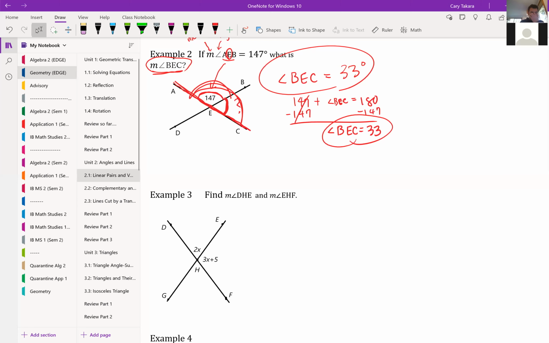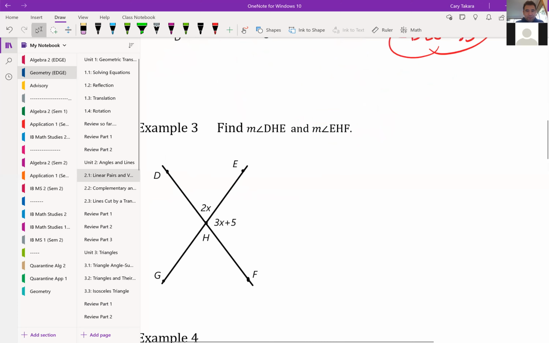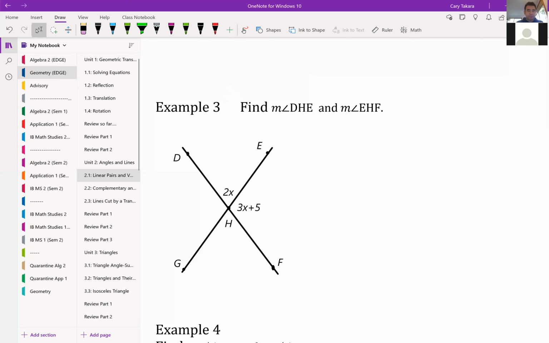All right. So let's get started on this one, okay? So first we are trying to figure out DHE. Now, where is the DHE, by the way? You see that? If you connect the three letters D, H, E, it creates an angle, right?